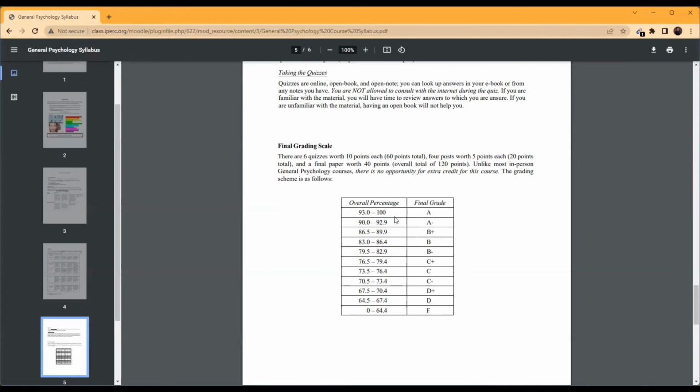You can calculate how many points you need based on this percentage and what grade you will receive. So in this entire process, you can only miss 8 points total to receive an A. So make sure you read your syllabus and do not slack on any assignments, any quizzes, or any final paper or final projects in each course.